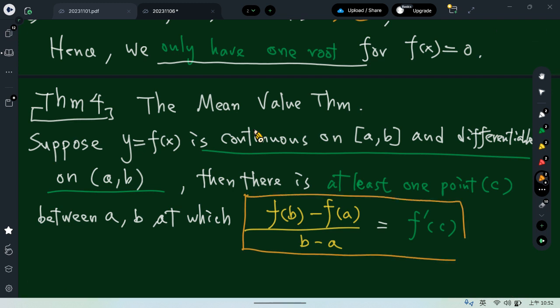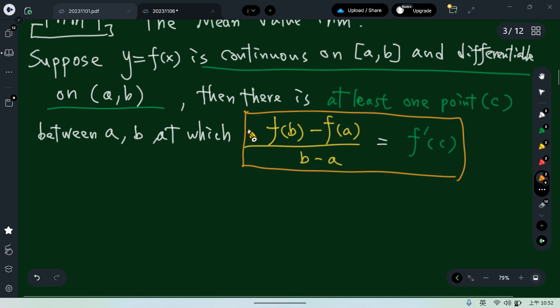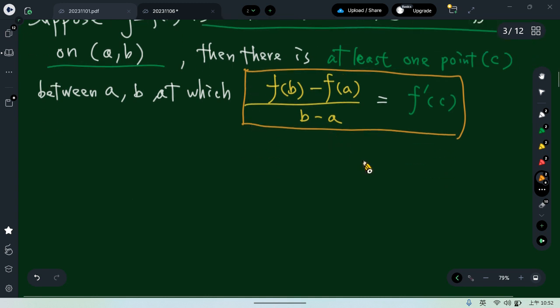Maybe it looks more complicated than the Rolle's one, but later on I will show you. It's quite easy to imagine.